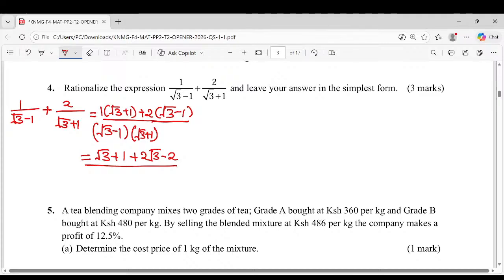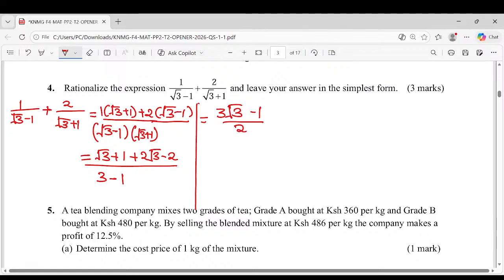Root 3 squared is 3, minus 1 squared, which is 1, giving 2. So root 3 plus 2 root 3 gives 3 root 3, then plus 1 minus 2 is minus 1, all over 2.